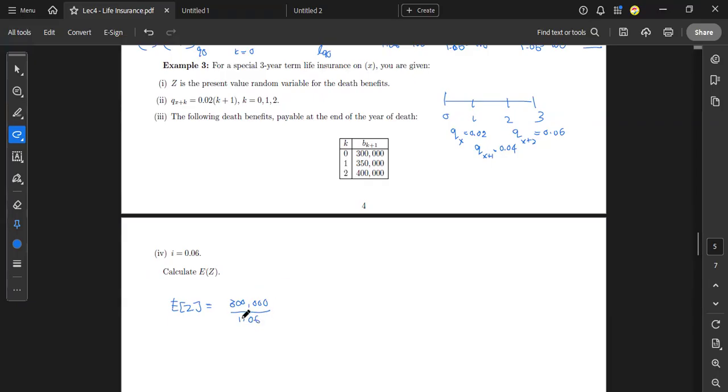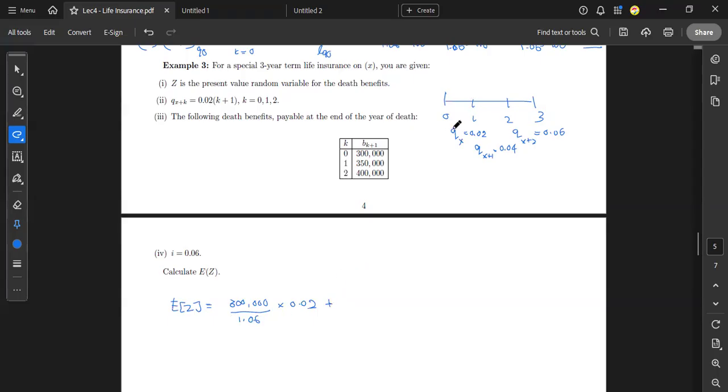So we divide it by 1.06. And the present value is here. To have this present value, we need to have the probability. So this is 0.02, because if the death occurs between 0 and 1, which is equal to the probability of q_x, we observe this present value.